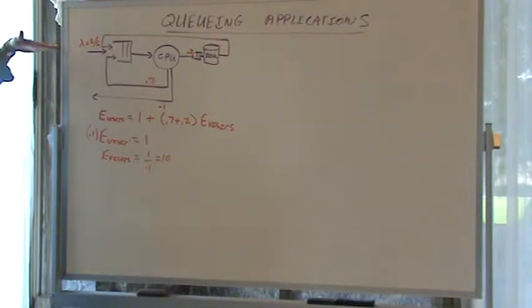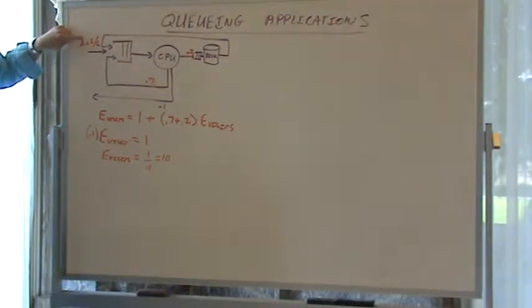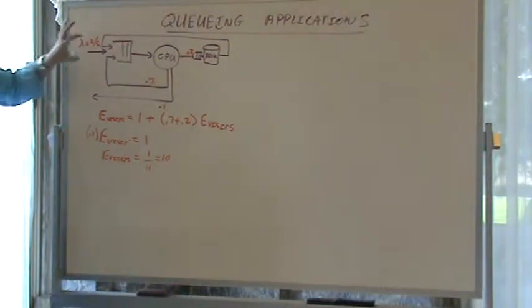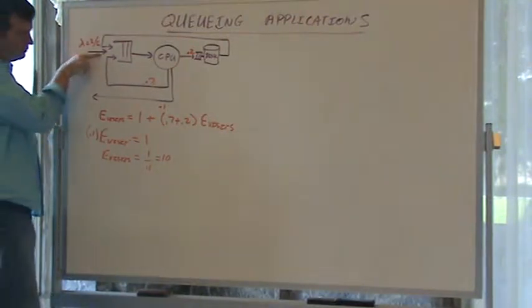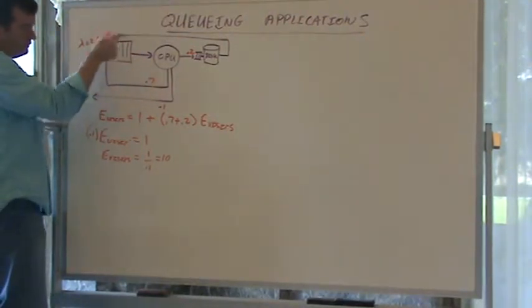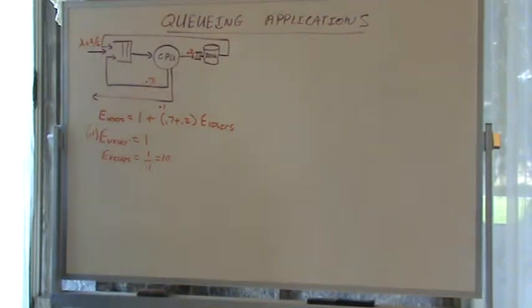So the rate from the outside world is 2 per second, but the rate into this queue, because of all these feedbacks, will be 10 times whatever the outside rate is. So the overall rate for this system, if I'm saying 2 is the rate in from the outside world, would be 2 times 10.